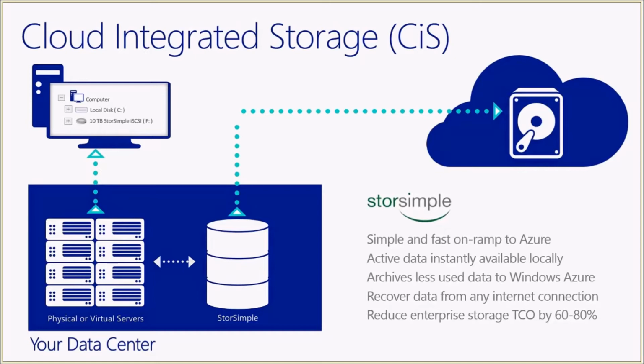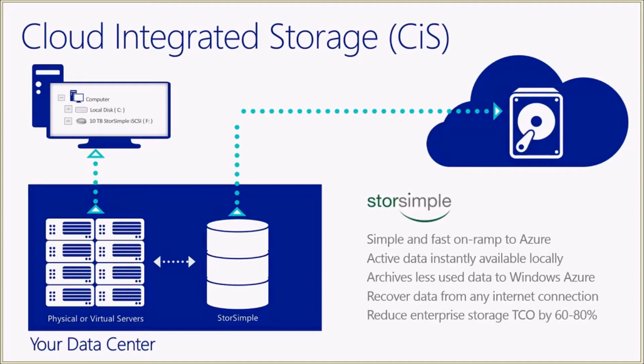What we're trying to do here is target that large amount of unstructured data you have within your organizations. So things that may sit within file shares or users' home directories, that you have to deal with backups and the ever-growing capacity. So StorSimple can come in here and provide this ability to burst the storage into Windows Azure.